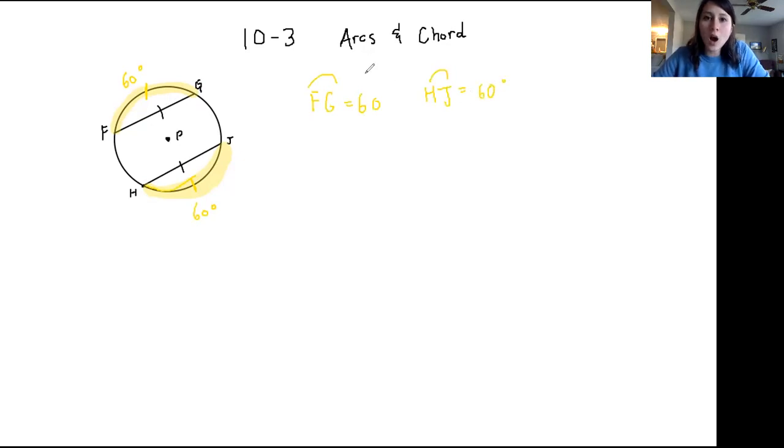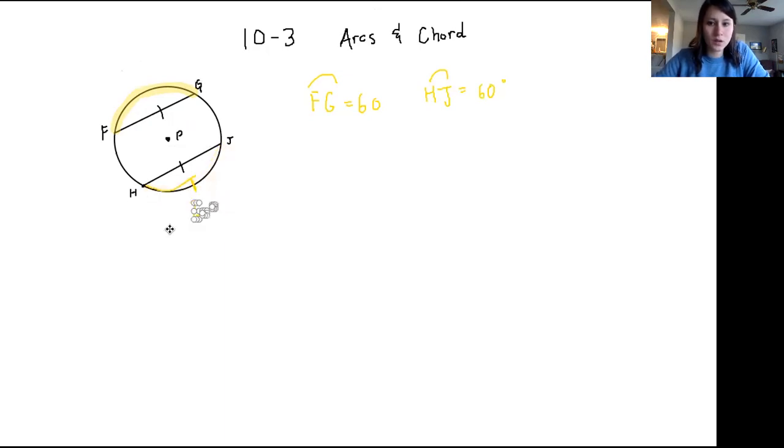Now, oppositely, if my arcs are congruent, then my chords will also be congruent.